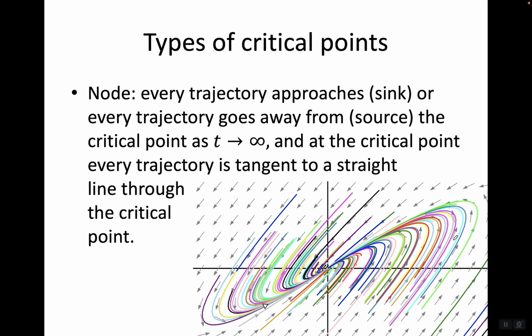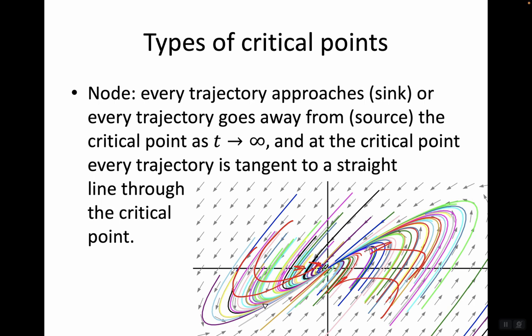The other kind of critical point is a node. This is a little tricky. Every trajectory approaches or every trajectory goes away from the critical point as t approaches infinity. So if you look at the arrows, in this case, this critical point, this node, is a sink. So everything is approaching the critical point. They're not going away from it.